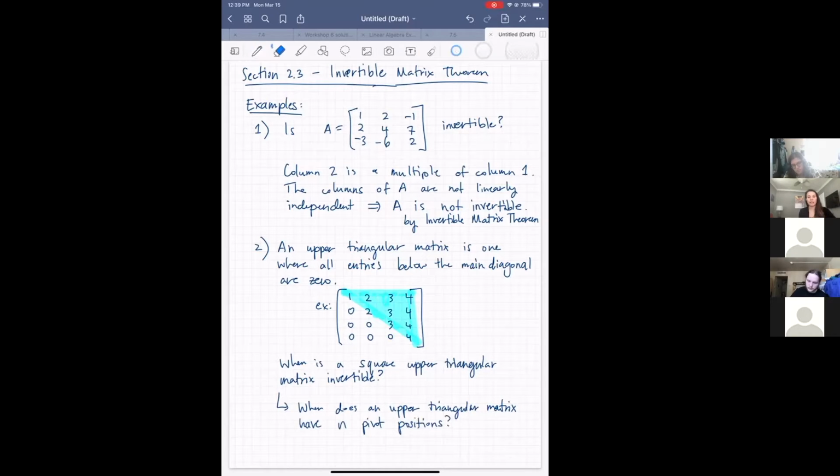And the answer to that is when there's no zeros on the diagonal, right? If there was a 0 on the diagonal, then that would correspond to a column where we don't have a pivot position, right? So this means that the answer is when there are no zeros on the main diagonal.